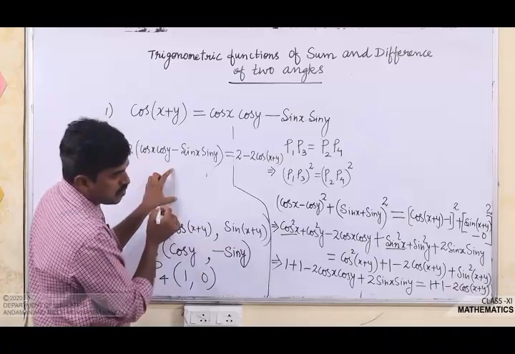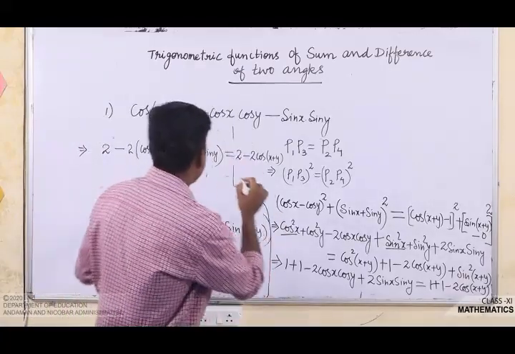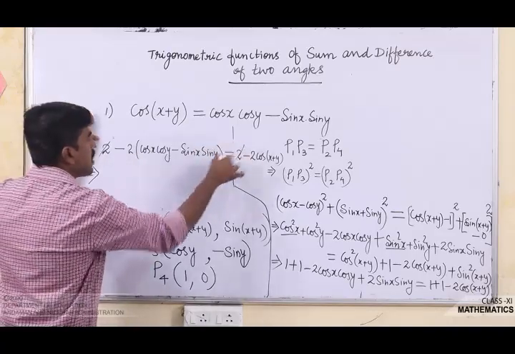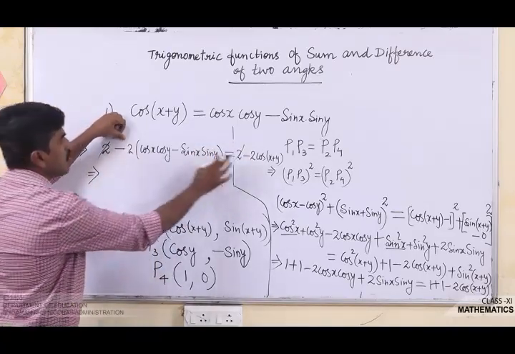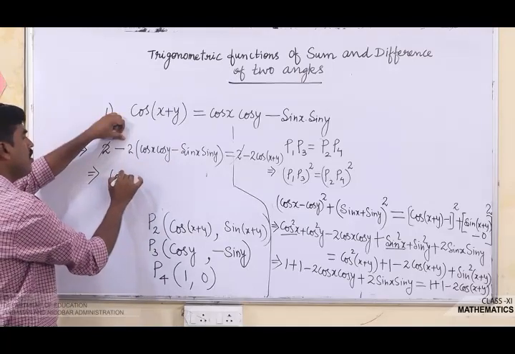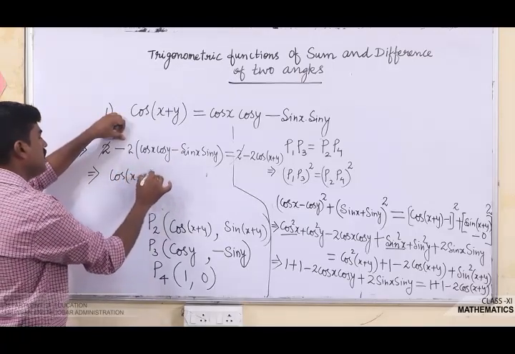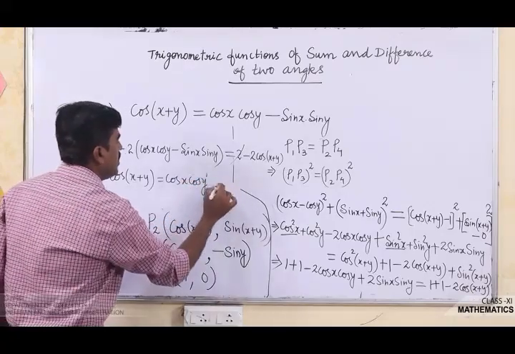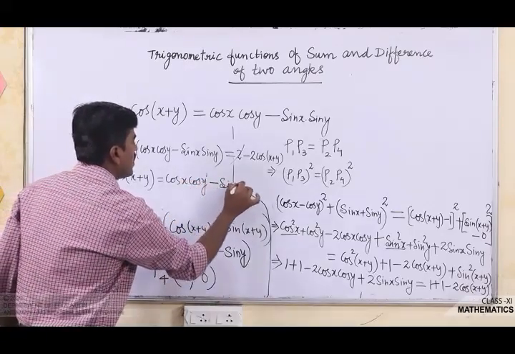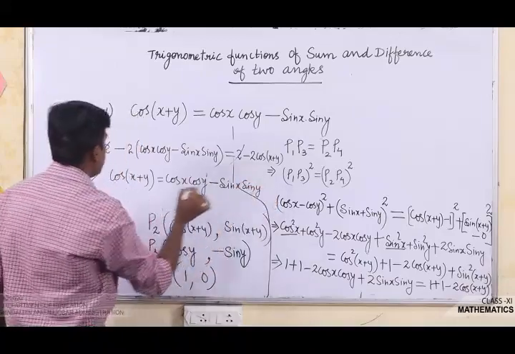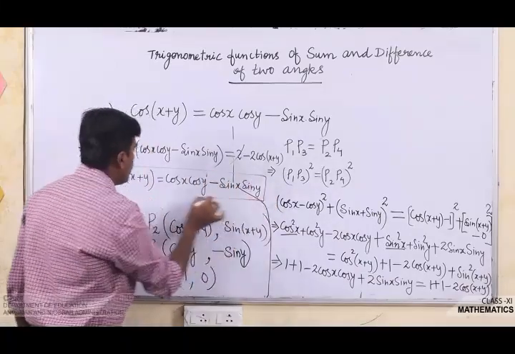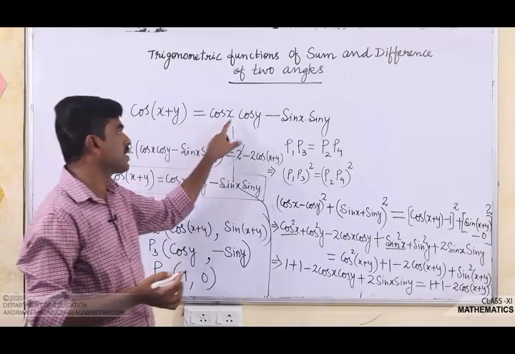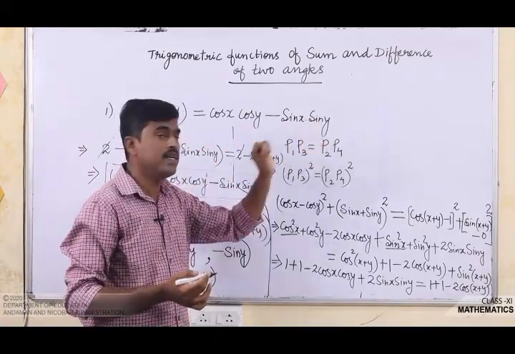Okay. So the 2 gets cancelled, minus 2 also cancelled, so we can write cos of x plus y is equal to cos x cos y minus sin x sin y. So in this way we can prove this formula, that is cos of x plus y is equal to cos x cos y minus sin x sin y.